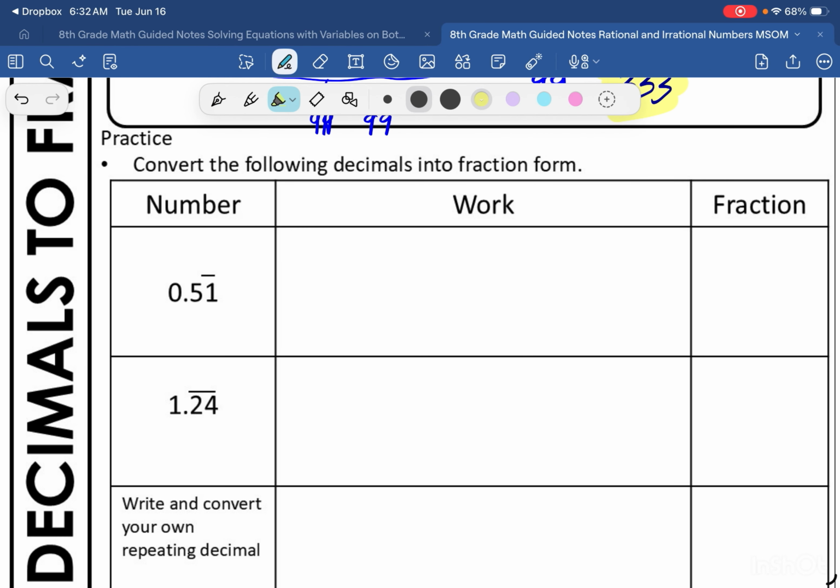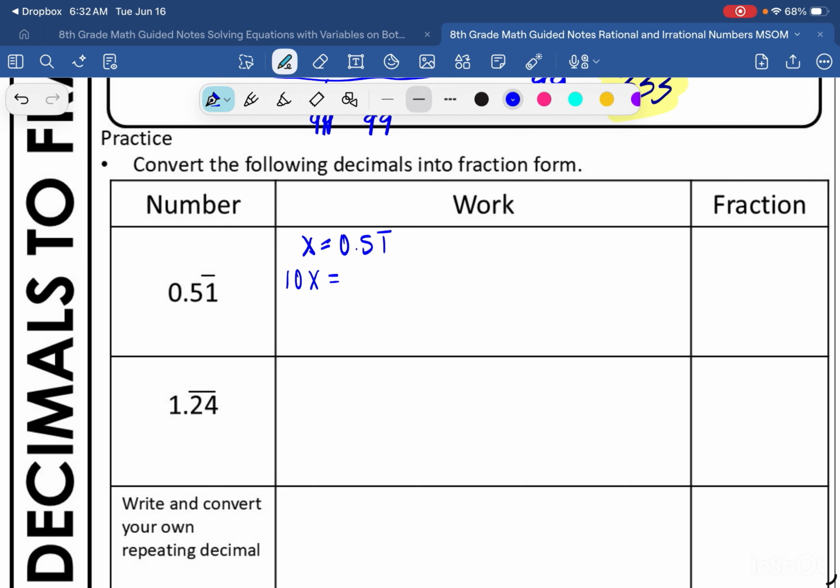Okay, let's convert these numbers right here to fractions. It gives me 0.51 with the 1 repeating. So I'm going to have x equal my number that I'm starting with, 0.51 repeating. And then I'm going to start multiplying by 10 until I get two equations that I can subtract.